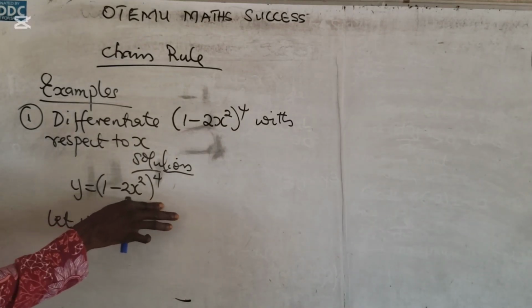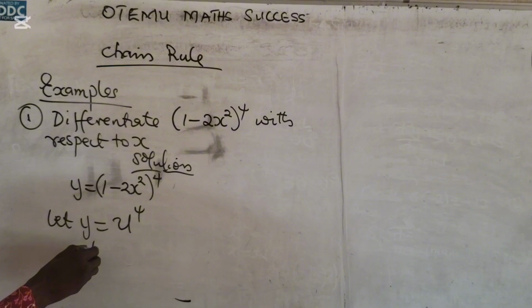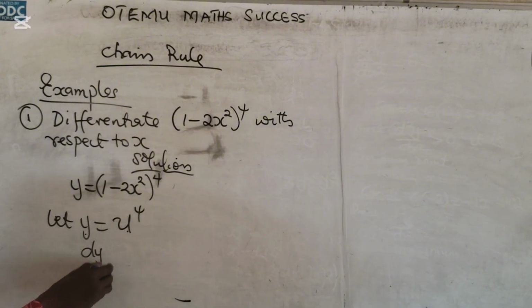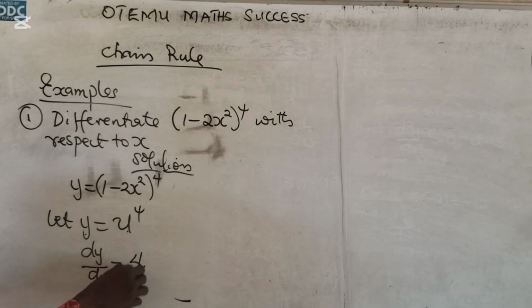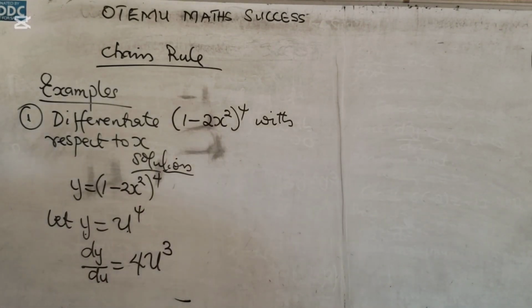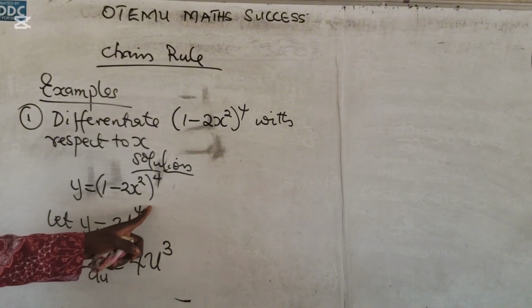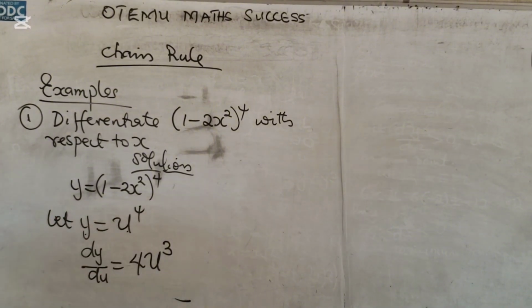So the two variables are y and u. So dy/du, when you differentiate this, becomes 4u raised to the power 3, because we use 4 to multiply the u, and 4 minus 1 is 3.